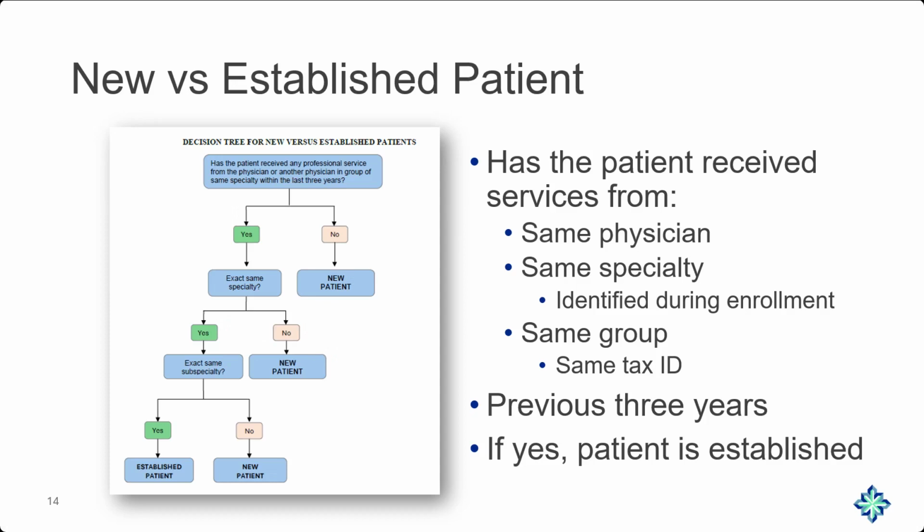Because that doctor changed practices and now works for a different clinic, does not make the patient new to that provider. Another one, if you have a provider that's performed an emergency surgery on a patient, say 2.5 years ago, this is a professional service, so that's going to fall into the previous 3 years. So you want to look at that.